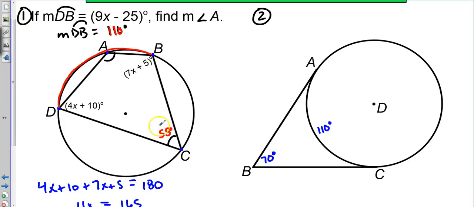And again, these two inscribed angles right here project to different endpoints, so we know that they have to be supplementary. So the last piece is to figure out what angle A is, and the measure of angle A is going to be equal to 180 minus 55, which gives us 125.